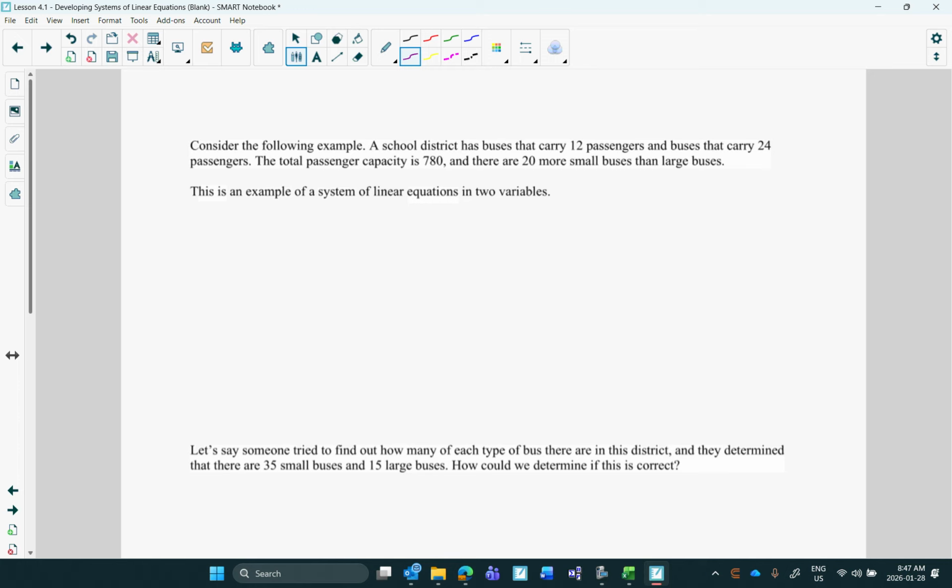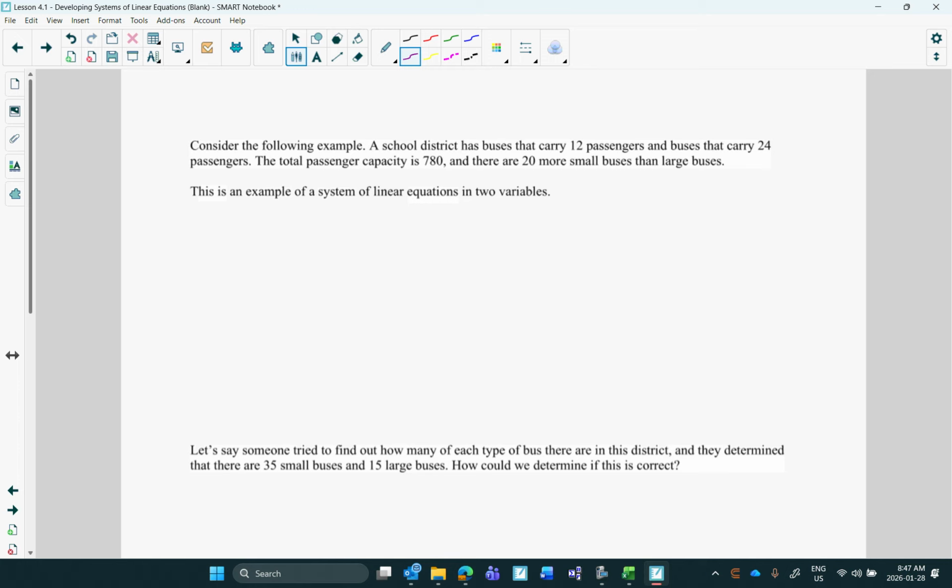So here's an example. A school district has buses that carry 12 passengers and buses that carry 24 passengers. The total passenger capacity for all the buses is 780 students, and there's 20 more small buses than large buses. Okay.